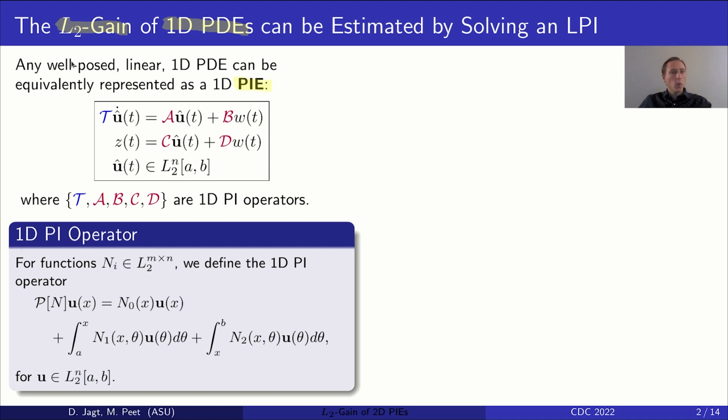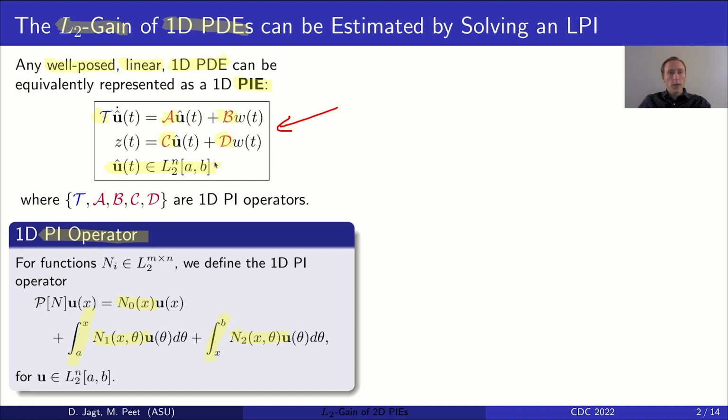In particular, we note that any well-posed linear 1D partial differential equation can be equivalently represented as a PIE of this form, where each of these operators A, B, C, D, and T is a partial integral or PI operator, defined by these partial integrals and parameterized by 3 matrix-valued functions. Now, crucially, in this PI representation, the state u-hat here does not have to satisfy any boundary conditions or continuity constraints, unlike in the PDE representation.